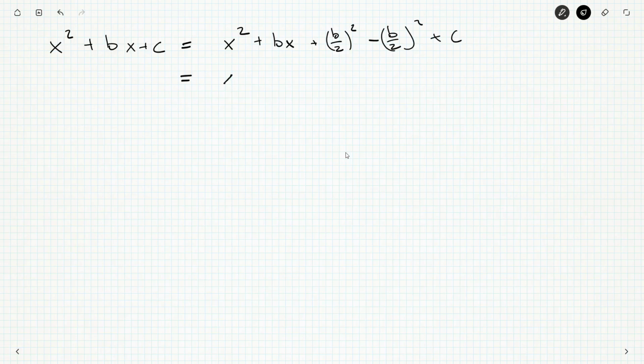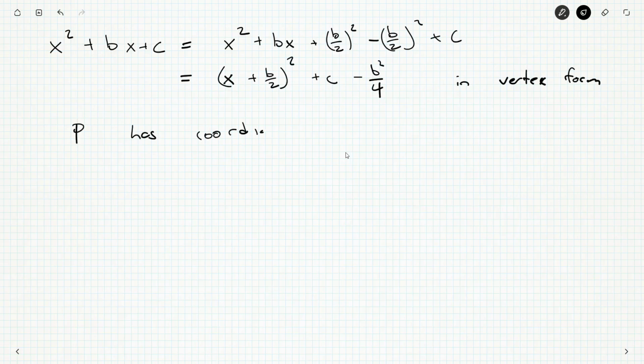And then that becomes x plus b over 2 squared plus c minus b squared over 4. Okay, so this is now in vertex form. So p has coordinates negative b over 2, c minus b squared over 4.